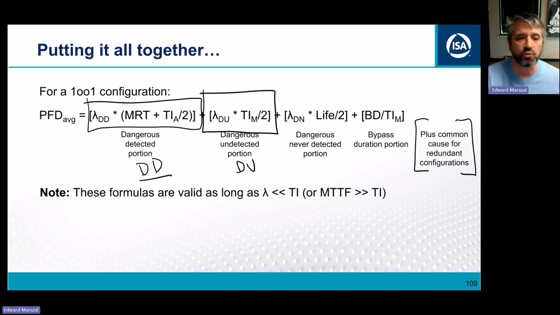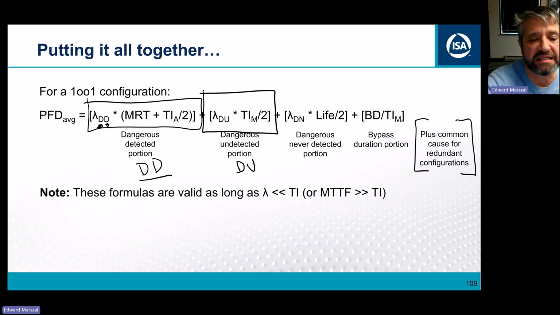So in that case, we might have had a dangerous failure, that's the first D, and that failure was detected by the diagnostics, or our deviation alarm. But instead of shutting down the plant, I'm going to continue to operate even though that level transmitter that is necessary for the shutdown is now unavailable.